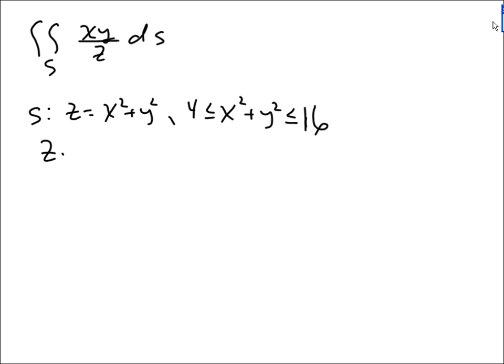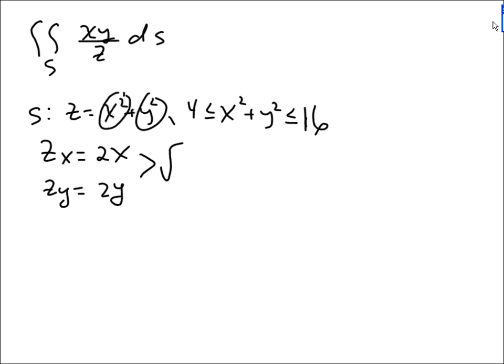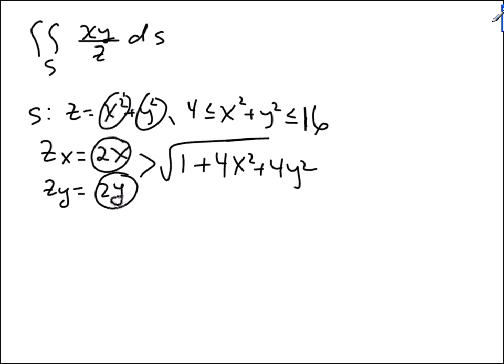Well, z sub x is just 2x, and z sub y is 2y. So we get the square root of 1 plus this squared, 4x squared, plus this squared, which is 4y squared.